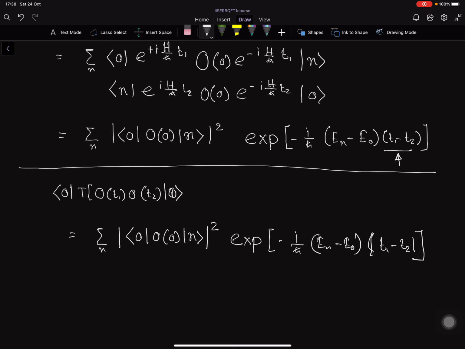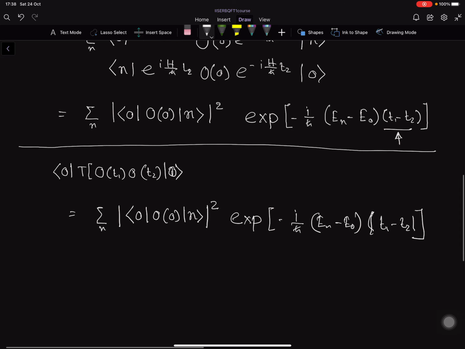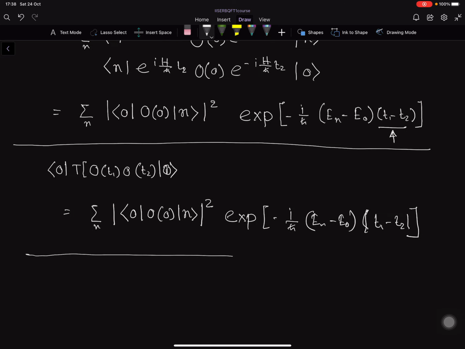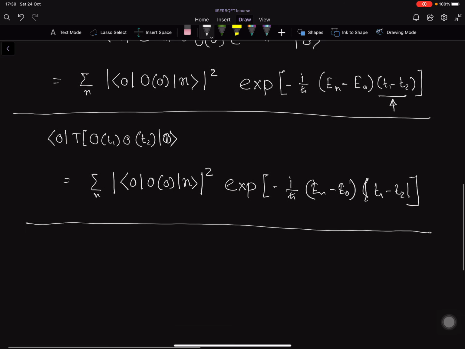Given this, let's Fourier transform with respect to the difference coordinate t1 minus t2.